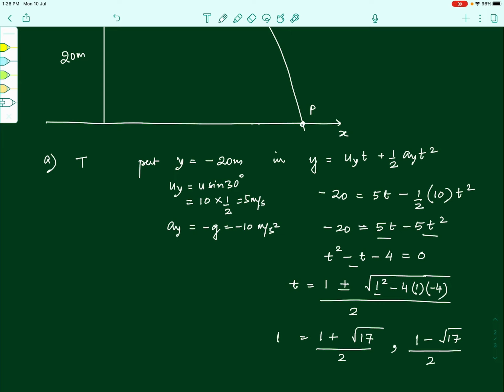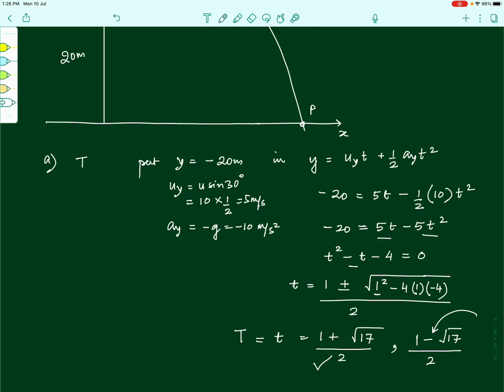Out of the two values of t that we are getting, which one should we take and which one should we discard? Understand that t can never take negative values, right. So, we discard this negative value root to take this particular value as the value of t, right. So, 1 plus root 17 by 2 then becomes the time of flight, capital T.